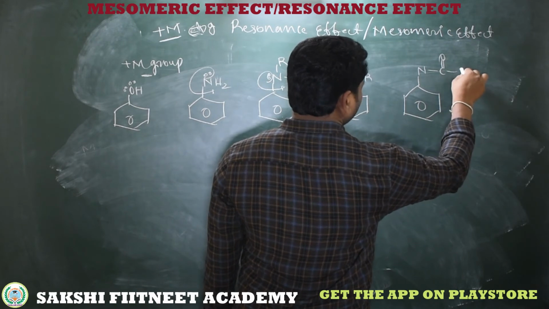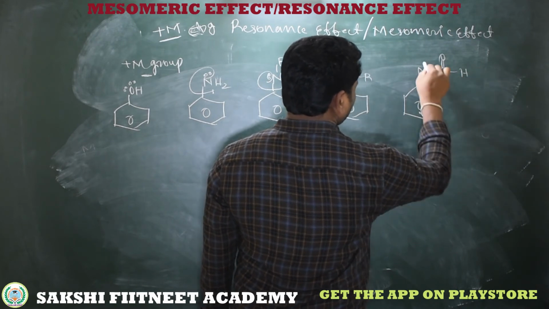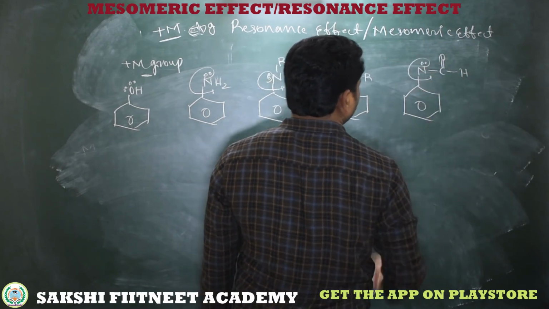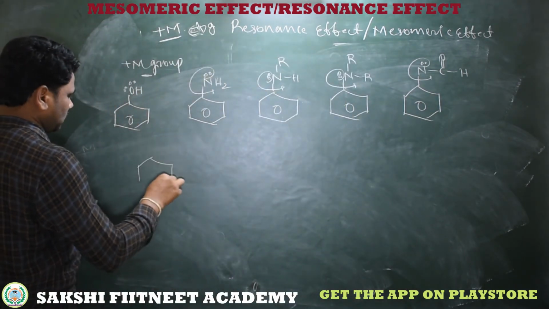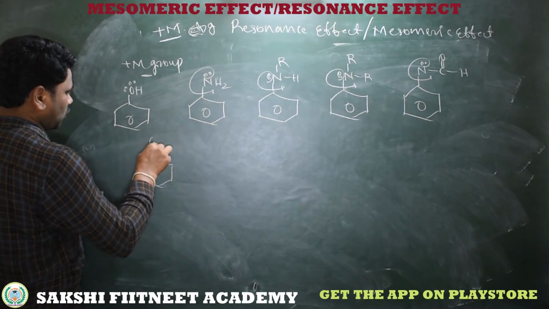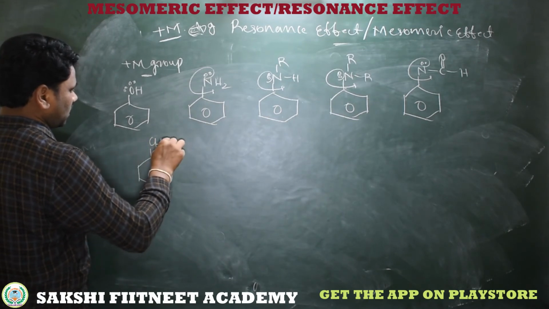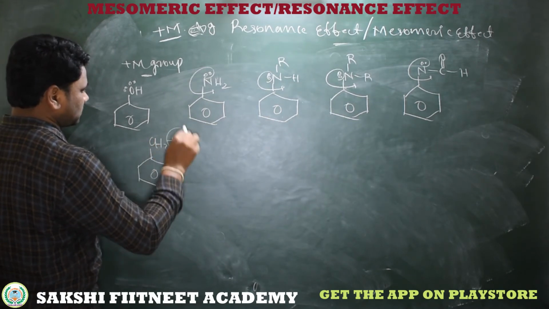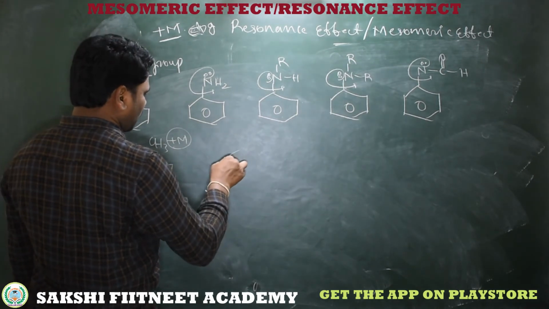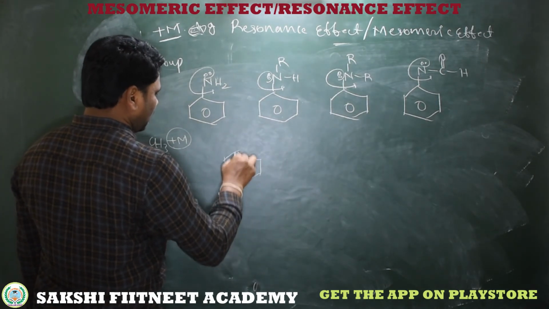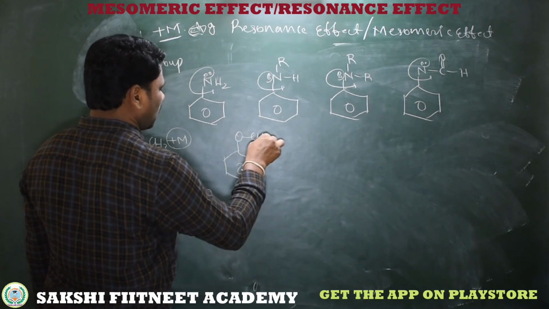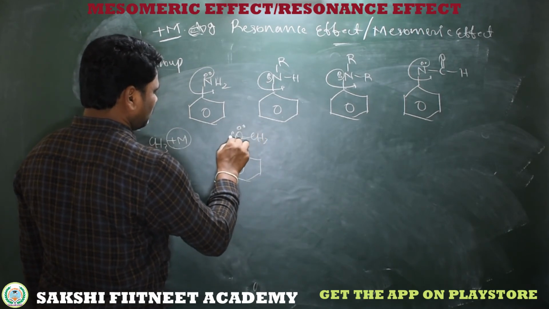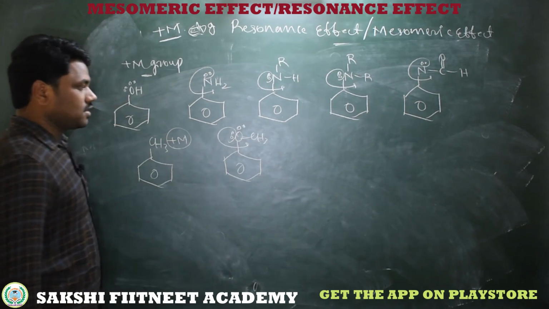N-phenyl amide, having a lone pair, shows plus M characteristics. Now here that alkyl group, toluene, which is a CH3, acts as a plus M group. Now here I am taking an aromatic ether, that is anisole, OR. So this also shows plus M characteristics.